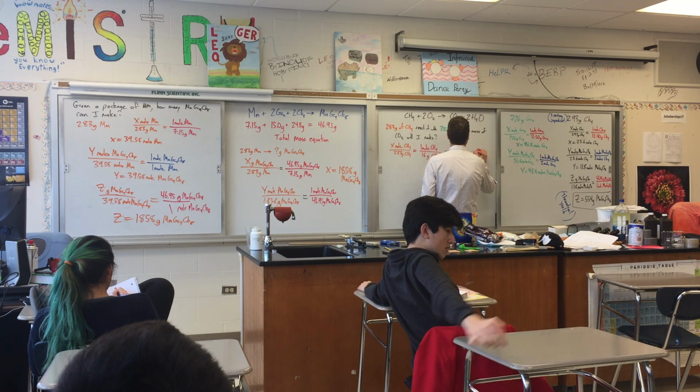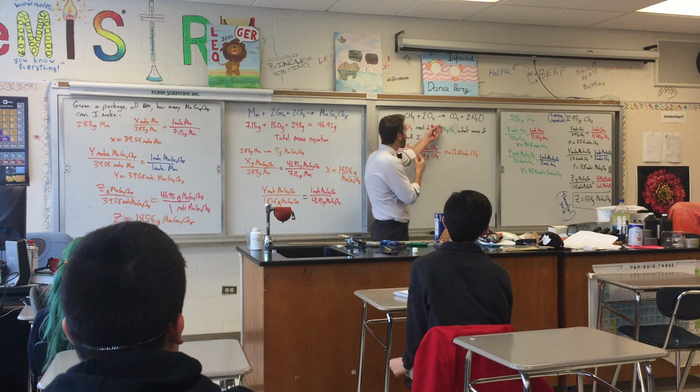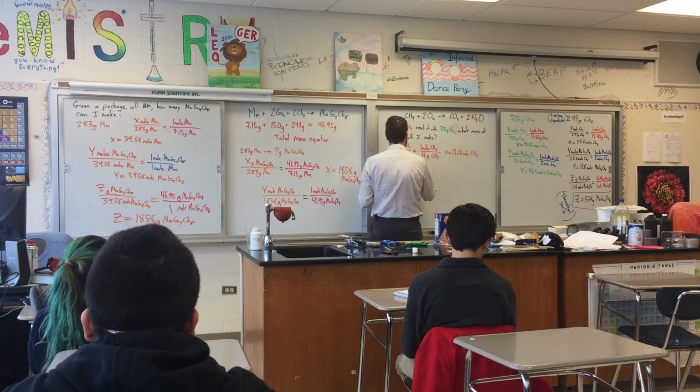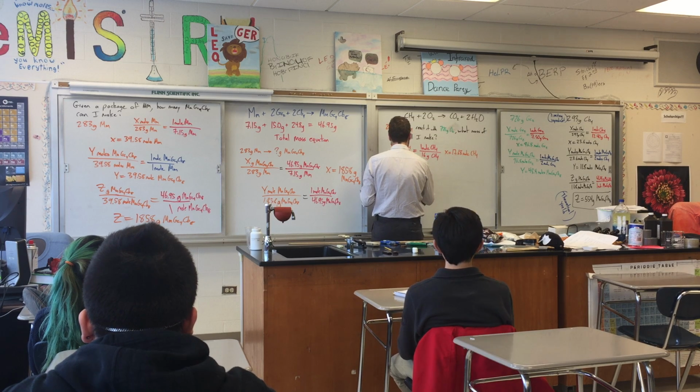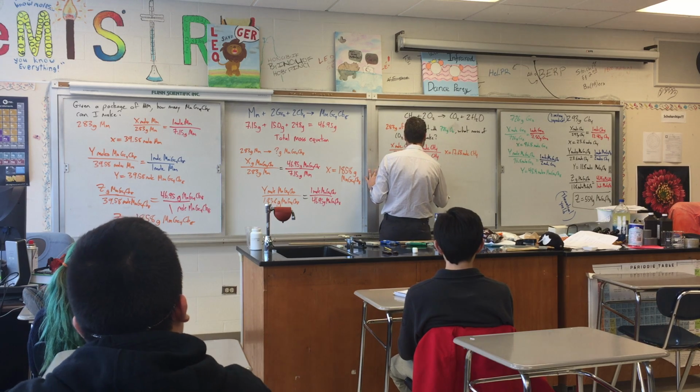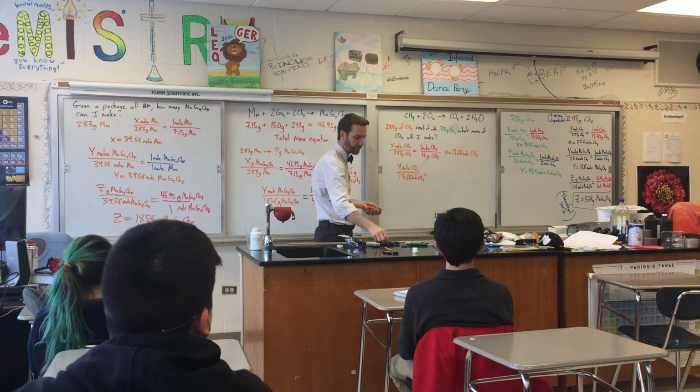Okay, so I have that many moles of CH4, but now I've got to get it to CO2. So I have to say, okay, well, how many moles of CO2 are there for 17.68 moles of CH4? Where am I going to get that ratio?